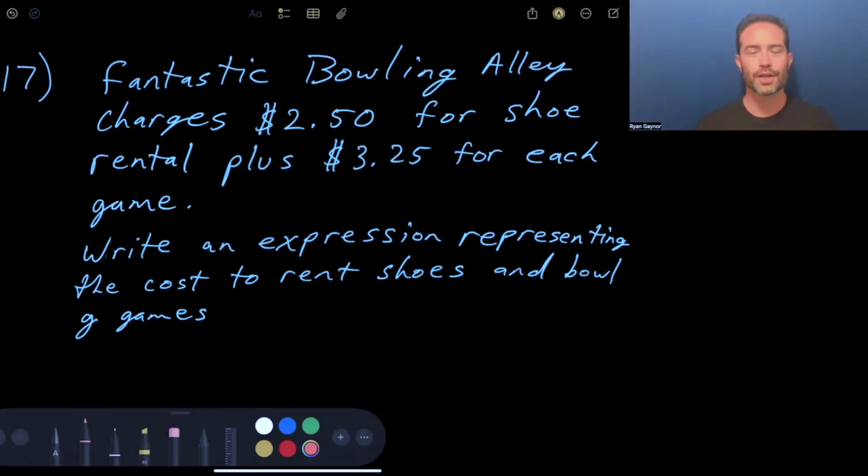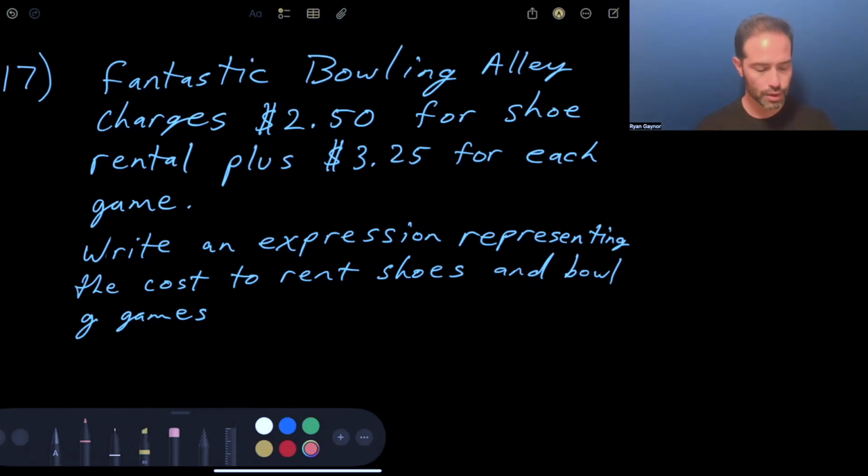Okay, so for variables and expressions for Algebra 1, we've got a word problem. This is number 17. Fantastic Bowling Alley charges $2.50 for shoe rental plus $3.25 for each game. Write an expression representing the cost to rent shoes and bowl G games. Okay, so what do they want you to do?